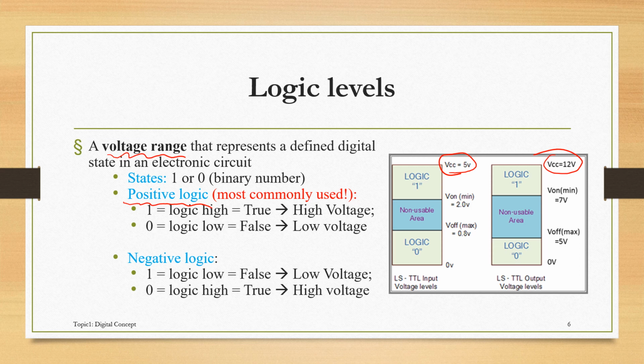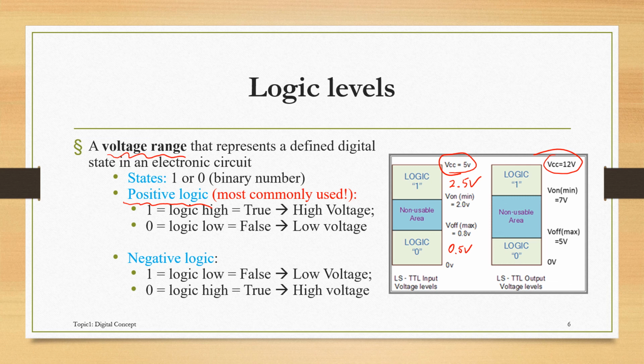Logic 1 is defined as any voltage between 2 and 5 volts. Say we have 0.5 volt. We apply this voltage to the system, and it will be recognized as logic 0. If we have 2.5 volts, it will be recognized as logic 1, right?